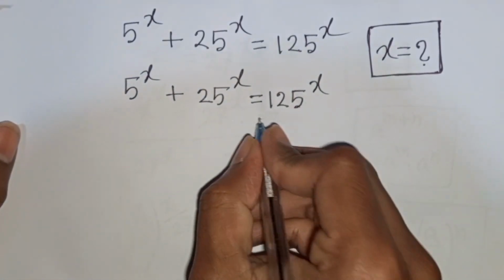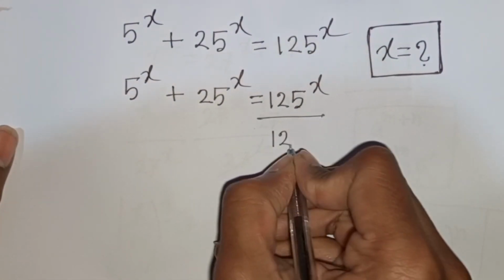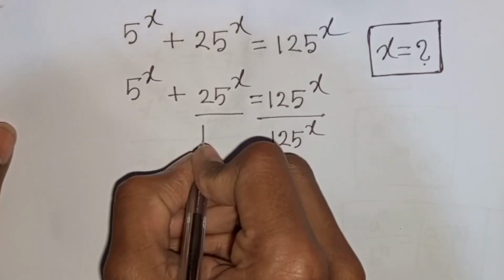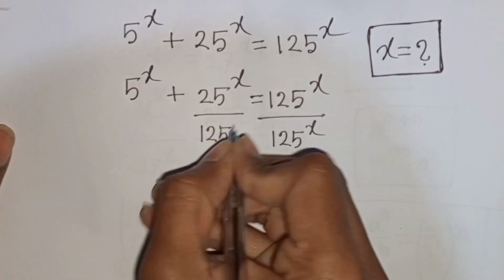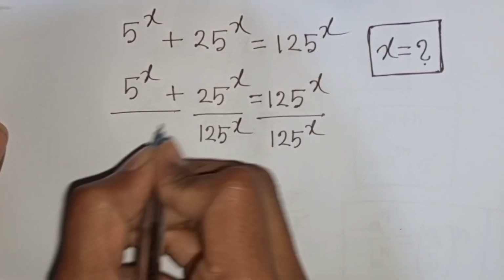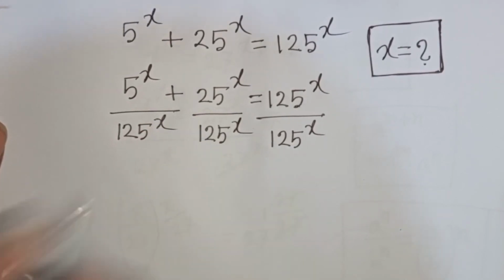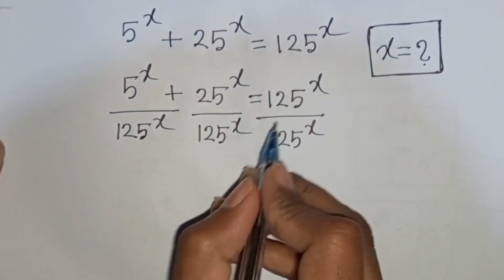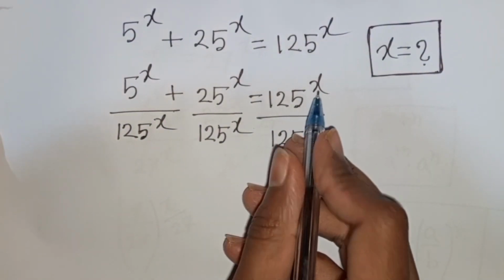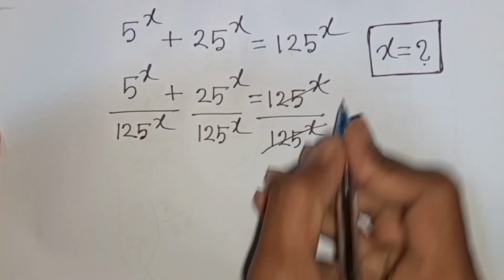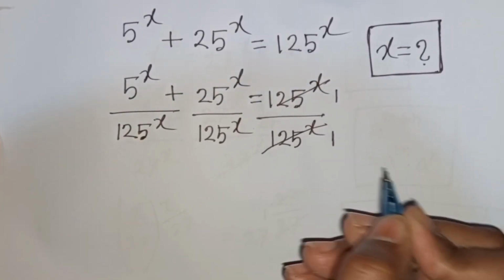So we divide by 125 power x, and 125 power x divided by 125 power x. Now we see this 125 power x will be cancelled. So here on, here on.